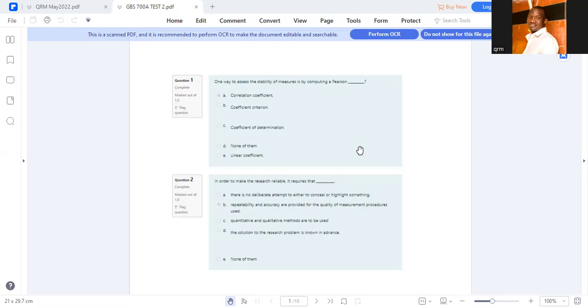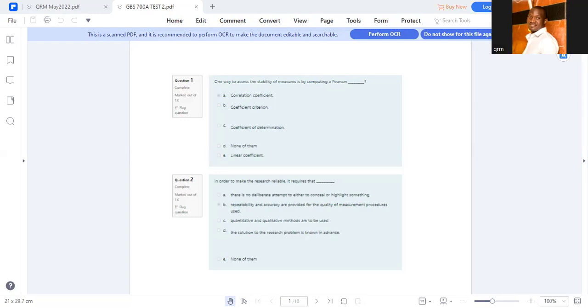So before I answer these questions, I'll take you through some background information of what we had learned. Question number one looks at a topic called measurement and reliability.